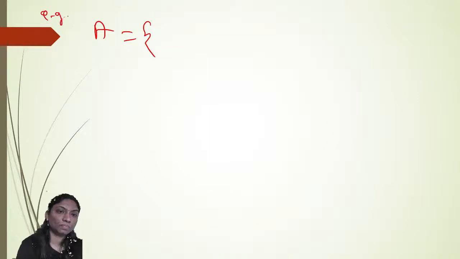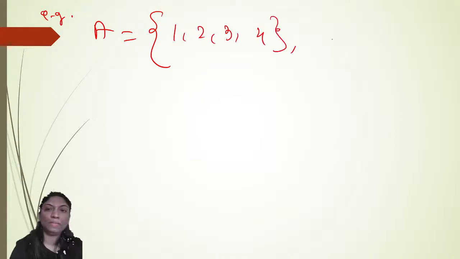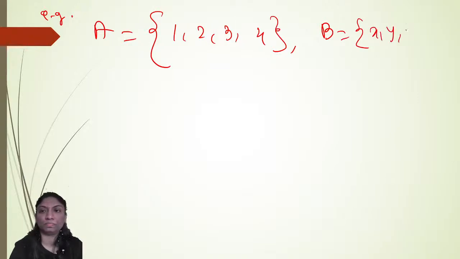Now we'll see an example here. Suppose A is equal to 1, 2, 3, 4, B is equal to x, y, z, p, q, right?